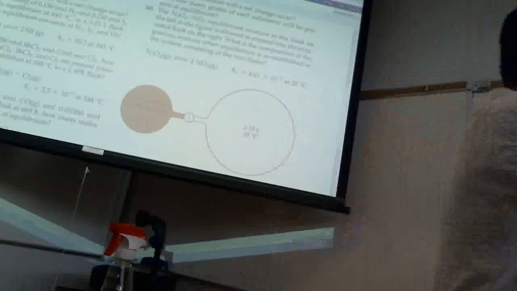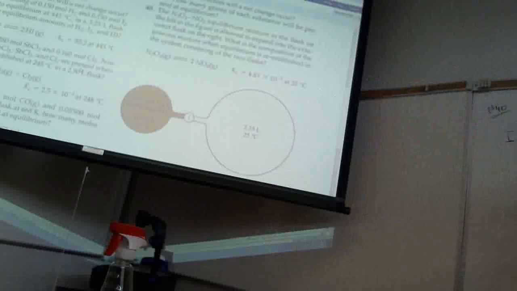Can we verify that this is at equilibrium? Go ahead and do that. Let's calculate our Q up here. Our Q is going to be NO2 squared divided by N2O4. And so we've got 0.07733 squared divided by 1.294.